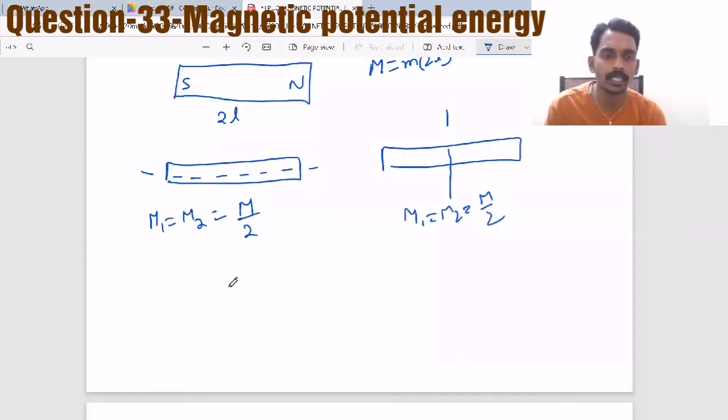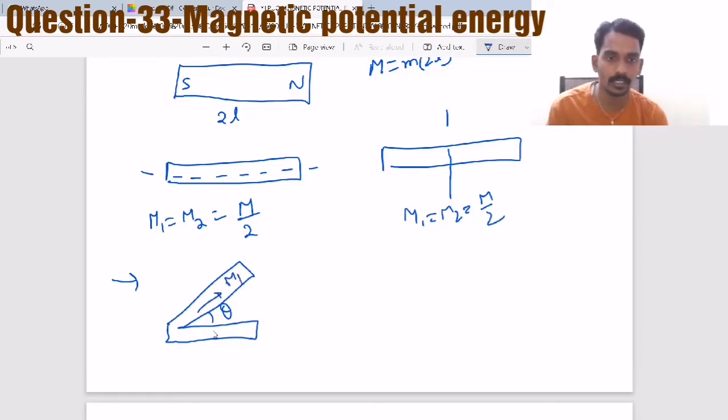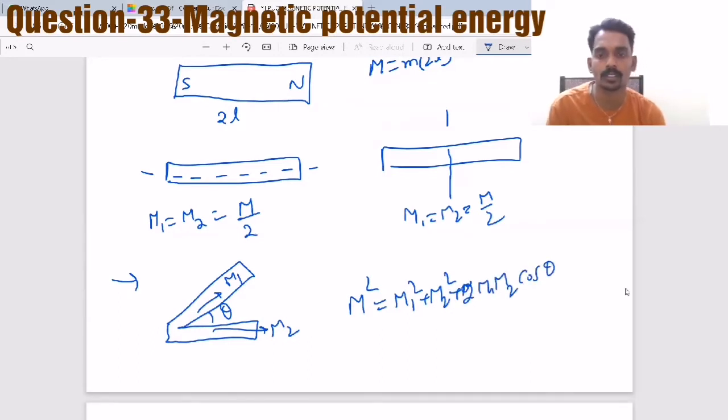And sometimes they will keep two magnets, like this is one magnet and this is another magnet, in contact at some angle. Now this is M1 and this is M2. Then the resultant is M square equal to M1 square plus M2 square plus 2 M1 M2 cos theta.